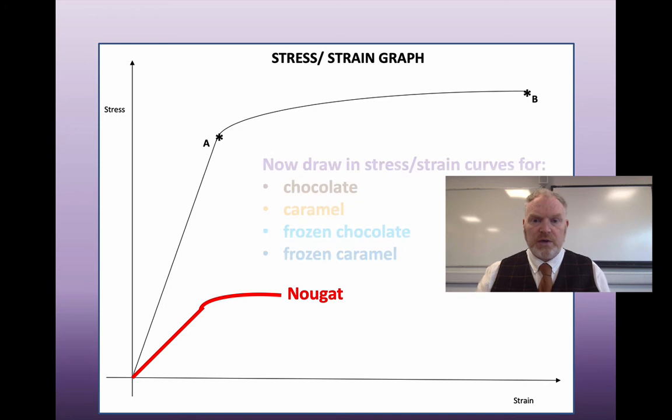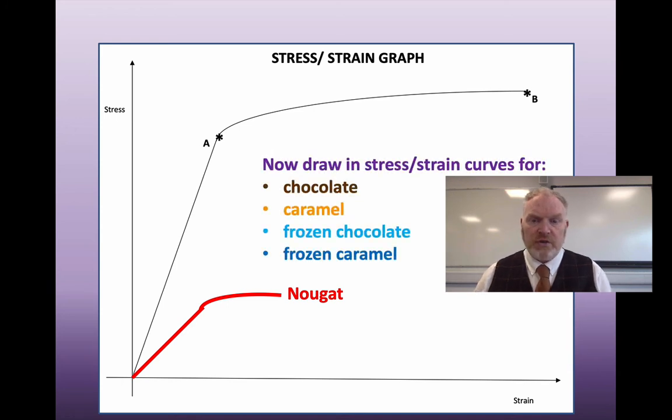What I'd like you to do now is, on the graph on page 5, draw in stress strain curves for these 4 materials. For the room temperature chocolate, for the room temperature caramel, and then the frozen chocolate and the frozen caramel.